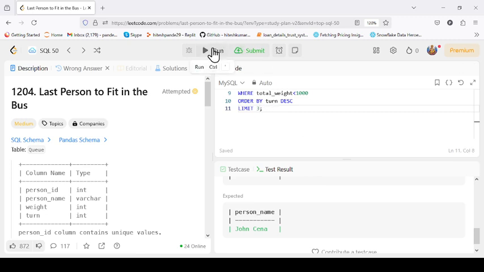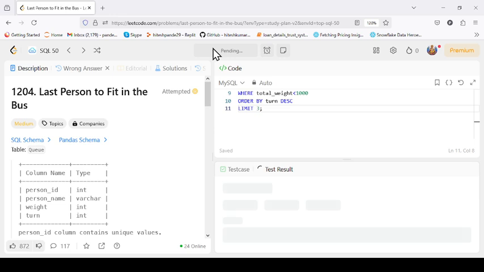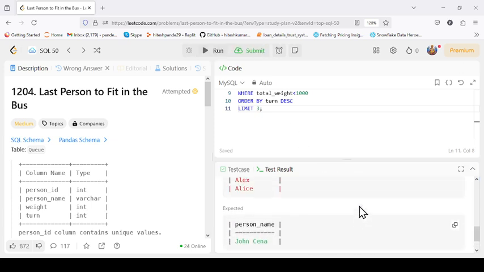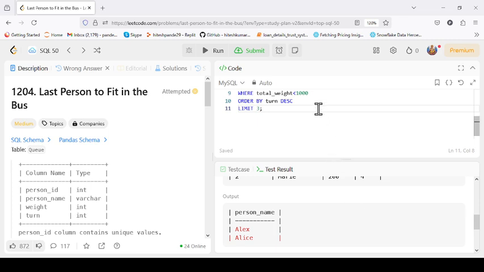What are we getting while setting limit 3? Okay, here we have to set less than or equal to.